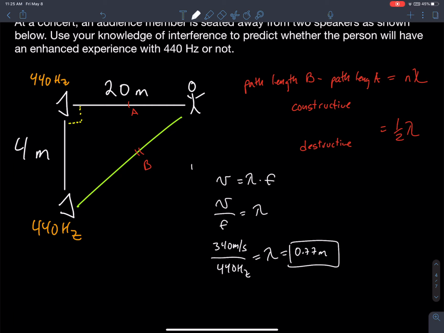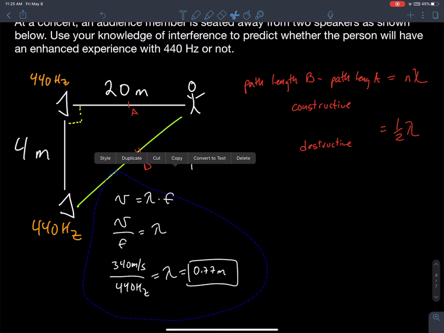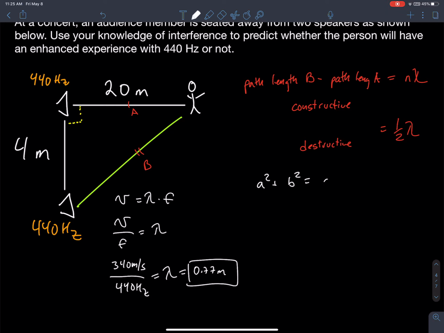After figuring out my wavelength, I'm going to move this all over here. After finding out my wavelength, I can then try to calculate the path length. Okay, so I have the path length A, which is 20 meters, and I need to solve for path length B, and I see that this is a right-angled triangle. So I'm just going to use Pythagoras' theorem, a squared plus b squared is equal to c squared, to find that length, which I'm going to label C, the hypotenuse. So 20 meters squared plus 4 meters squared is equal to c squared.